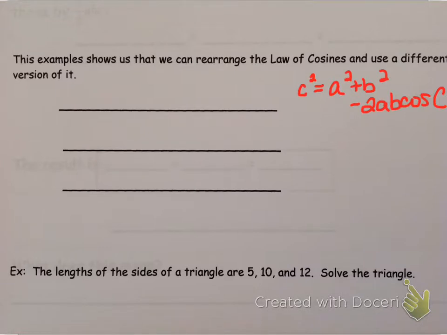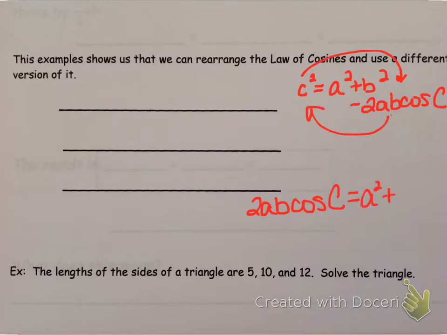I'm going to take the c squared and subtract it to move it over here, and I'm going to take this minus 2ab cosine C and add it to move it over here. I don't have enough room, so I'll do it down here. It would give me 2ab cosine of C on this side, and it would be positive. And then over here it would give me a squared plus b squared minus c squared.